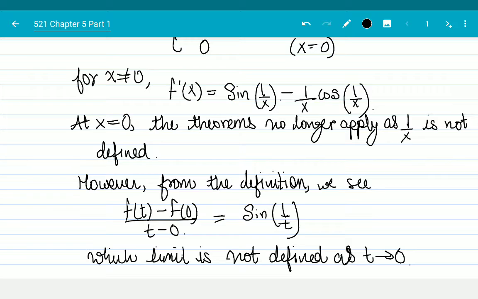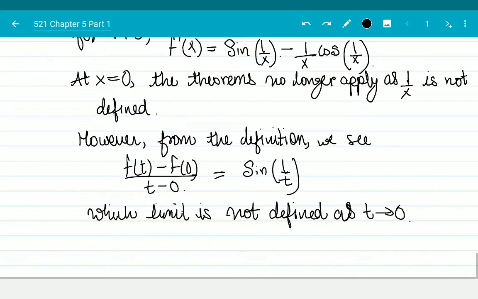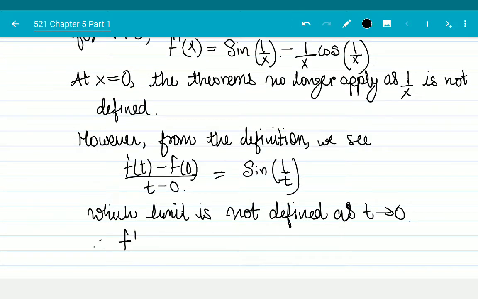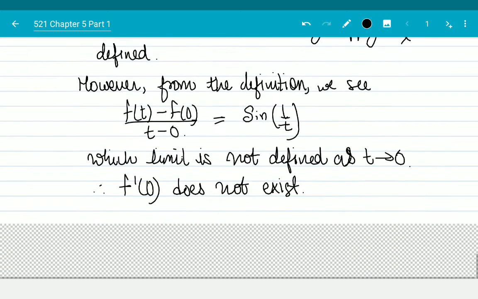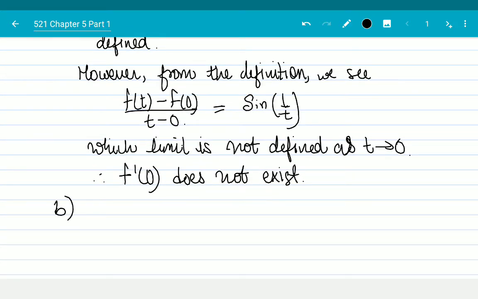Okay, so we can say f prime of 0 does not exist in this case, right? Even though the theorem cannot tell me that, I can actually show that it does not exist.